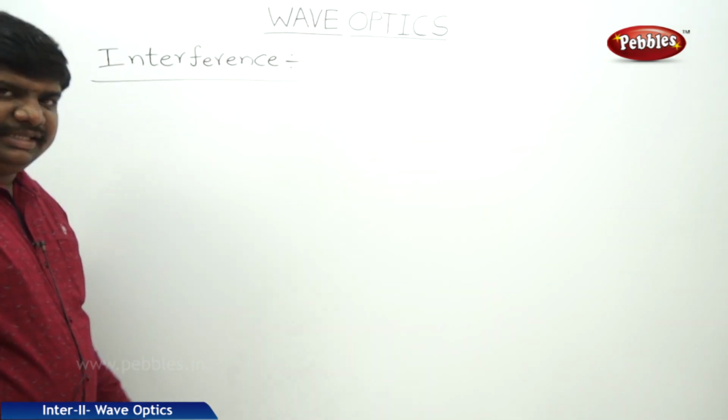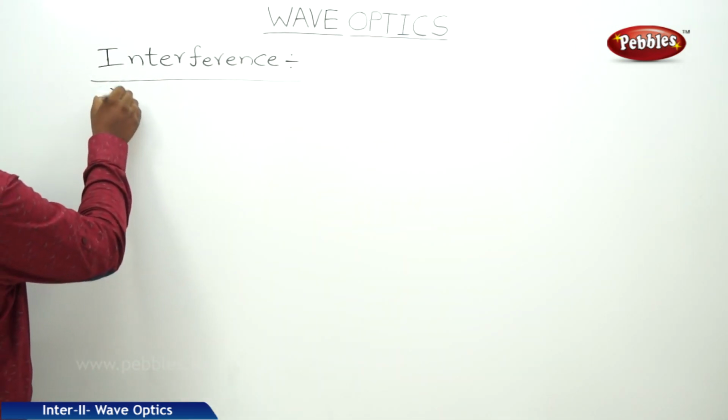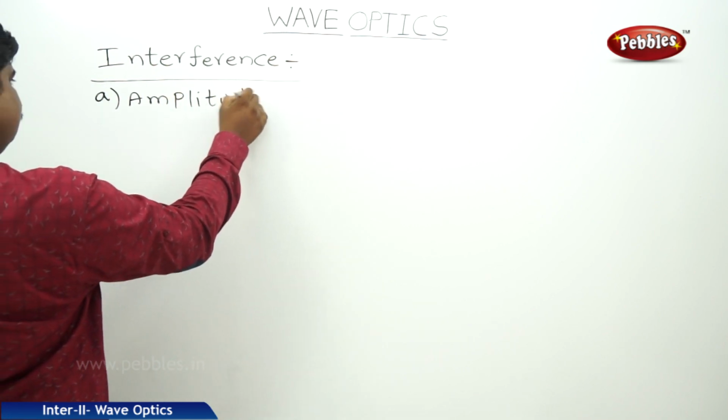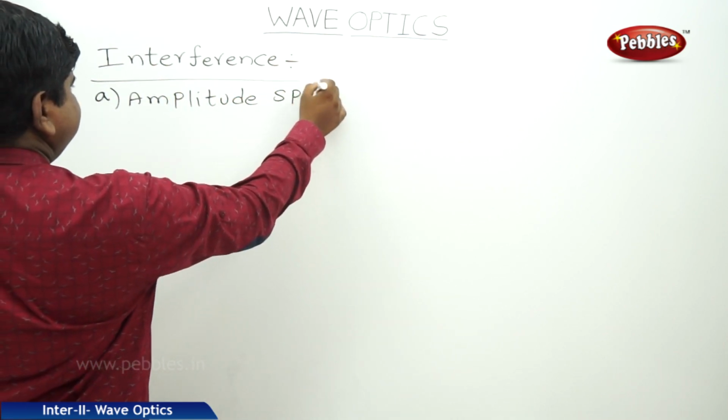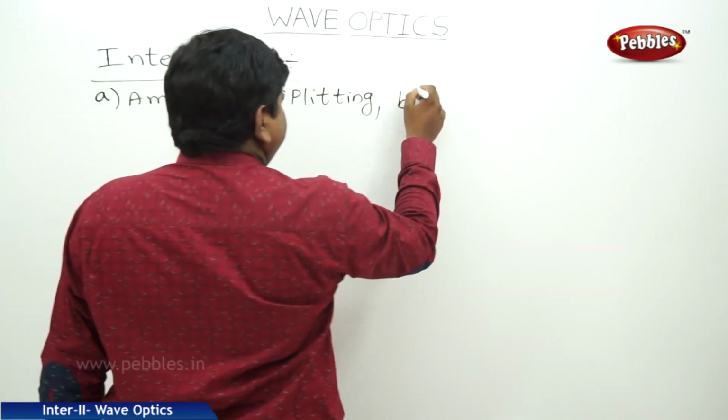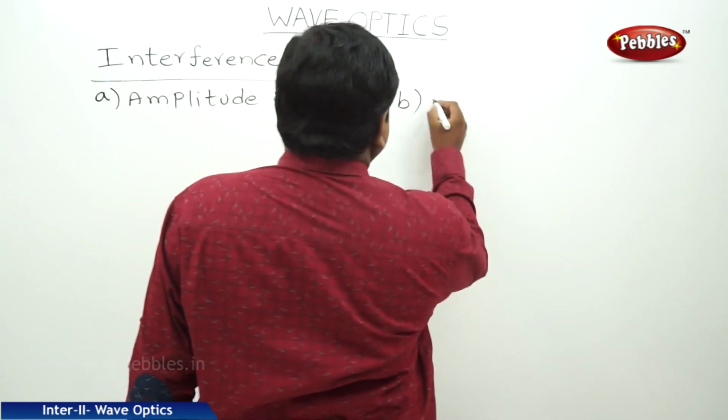So this interference can be produced by two different techniques. One is wavefront splitting, second one is amplitude splitting.